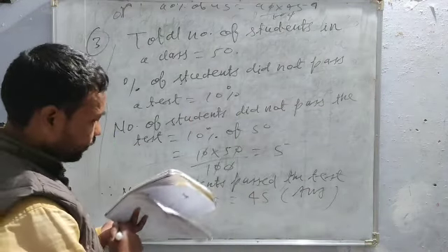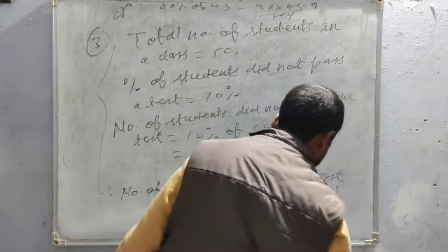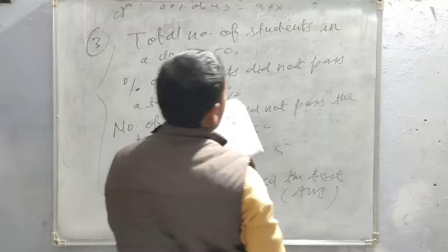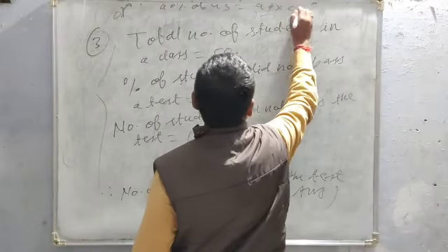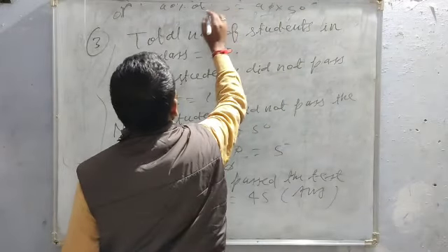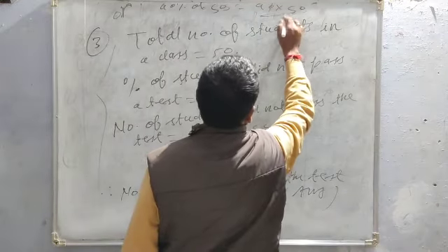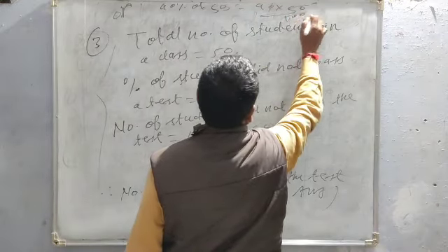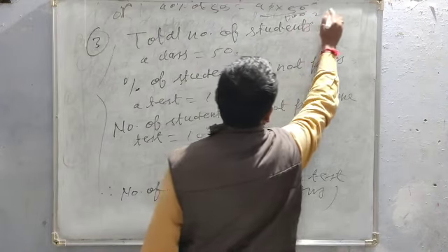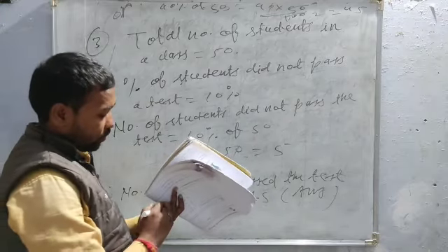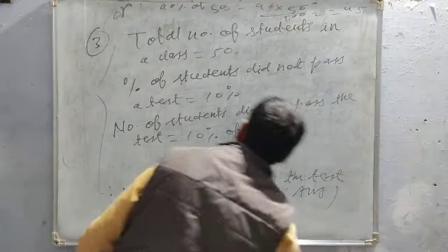That is, here 50 students are given. So 90 multiply 50 divided by 100, 5 1 ja 50, 5 2 ja 100. So 90 divided by 2, this will be 45. So any method you can solve this problem.